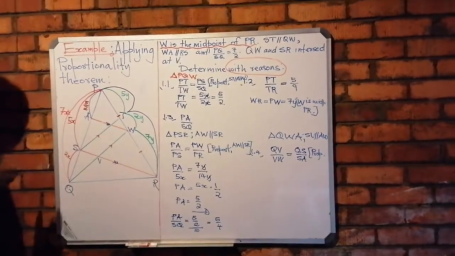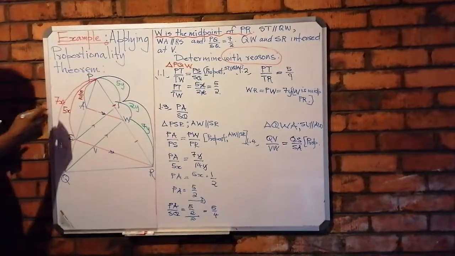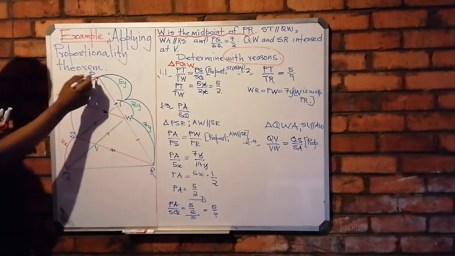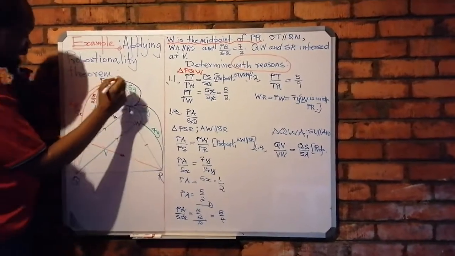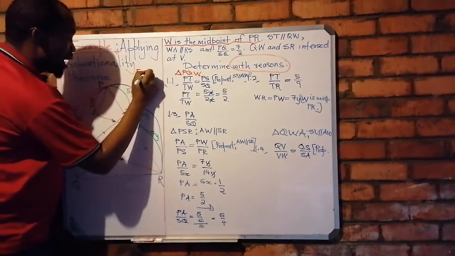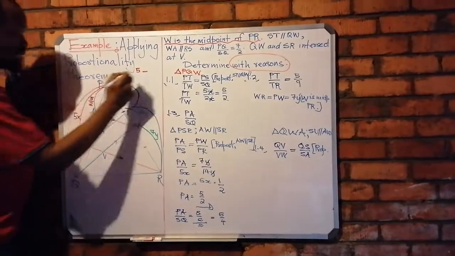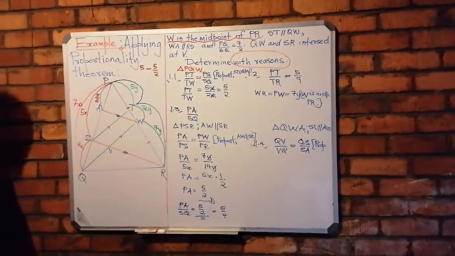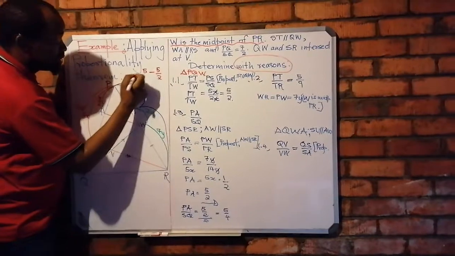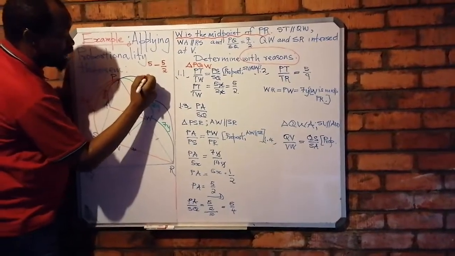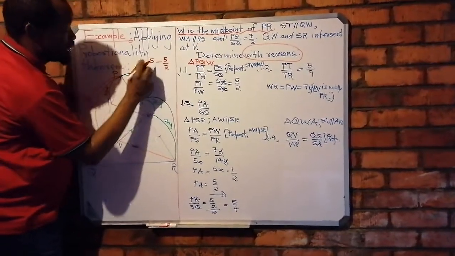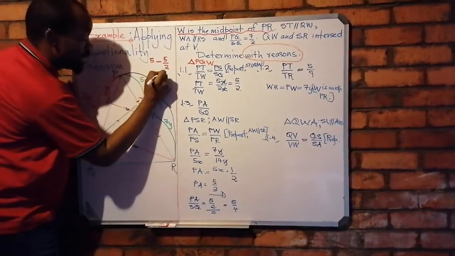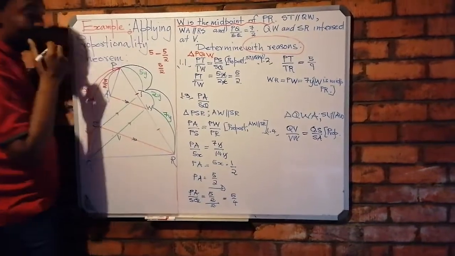What is AS? What am I going to do now here? I'm going to take the long one, which is PS, that is 5. I'm going to subtract 5 divided by 2. Now, if I do that, because this is the same as 10 divided by 2, I would get 5 divided by 2.